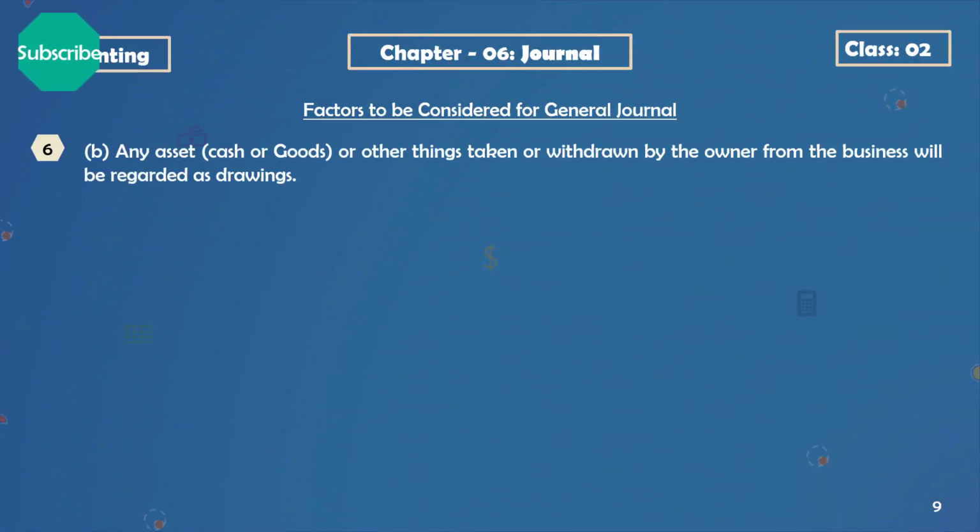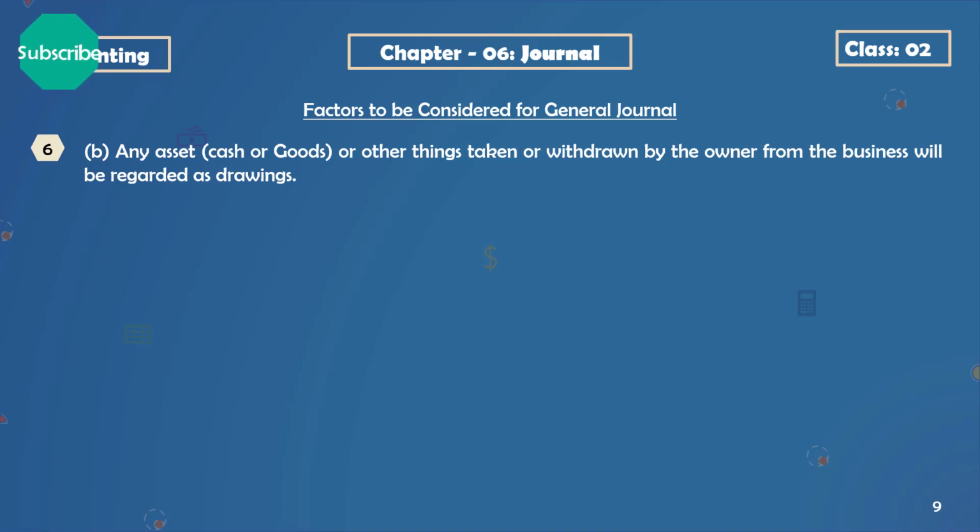6b, this is just opposite of A. This time the owner is taking anything from the business, either cash or goods. We learned it in our earlier rules.